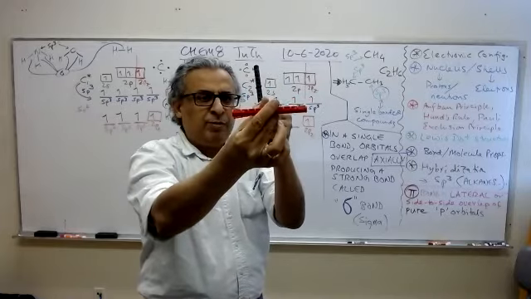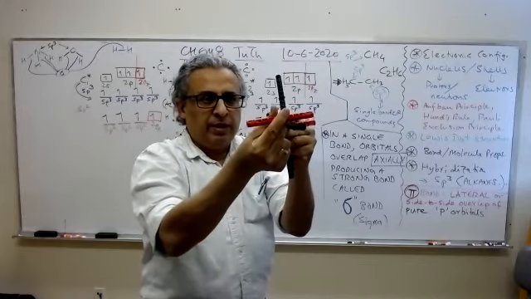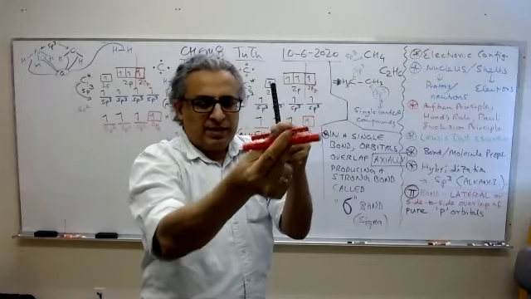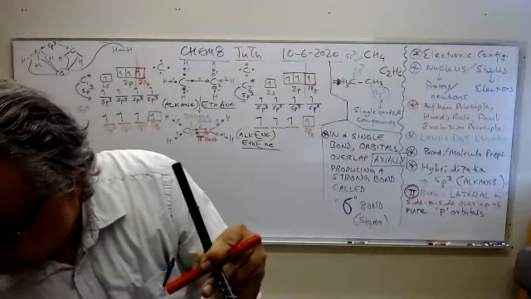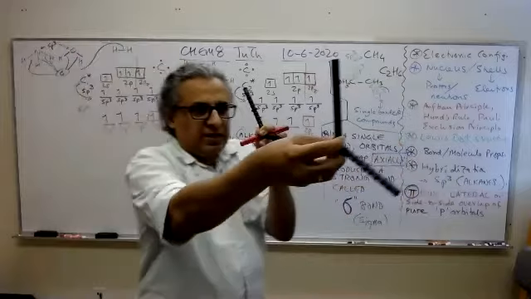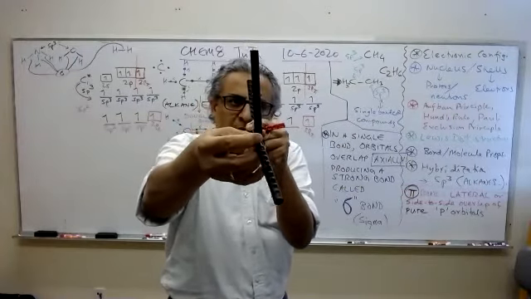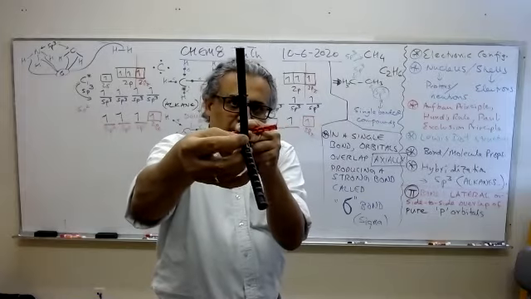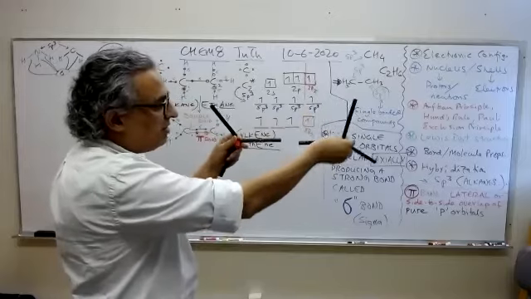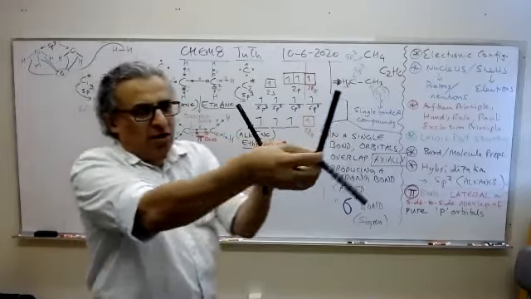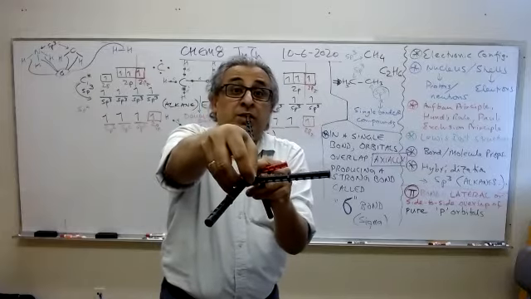If they have to be 0 degrees to form a beautiful pi bond, you realize that in order for the pi bond to happen nicely, the entire molecule has to be parallel on the same plane. The sp2 set of orbitals, these three and these three, must be parallel. They cannot be perpendicular. If they're perpendicular, the pi bond is screwed up.